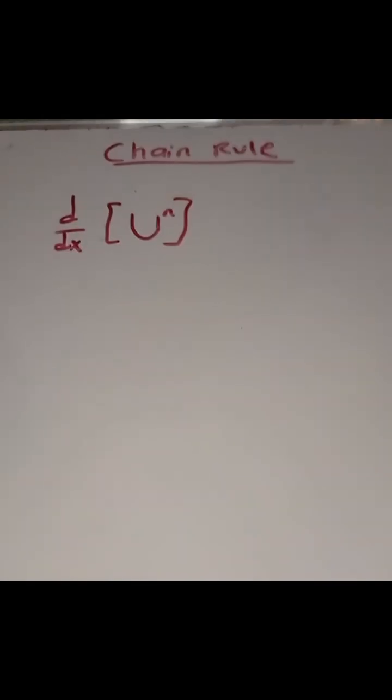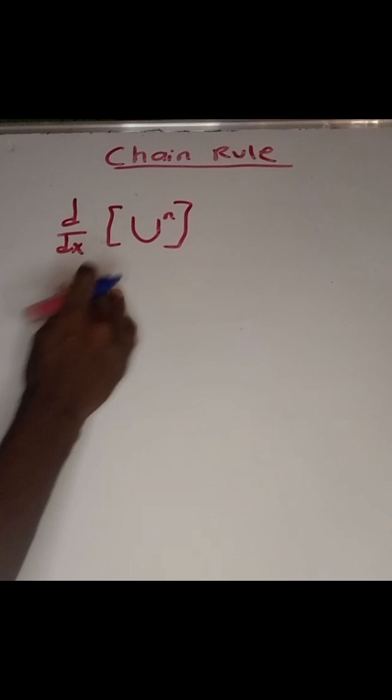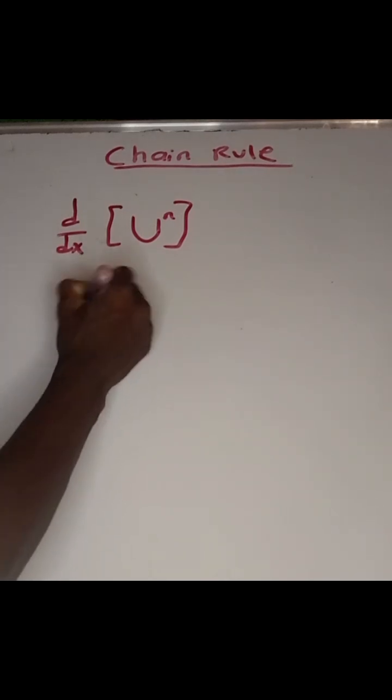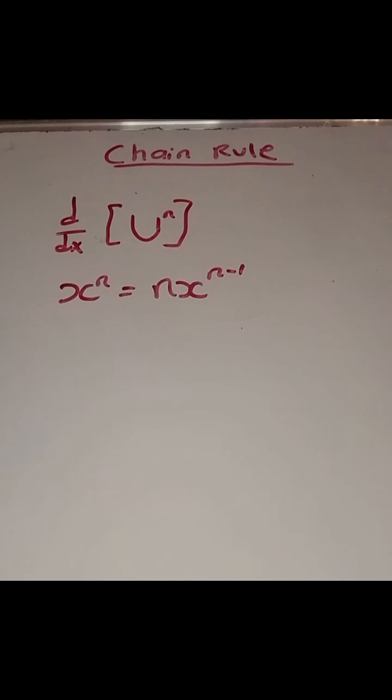As usual, we all know this is the power rule, the formula that we can use to find the derivatives of a function. In our normal derivatives, we know that the derivative of x to the power of n is n times x to the n minus 1. That is the basic idea we know about the power rule.